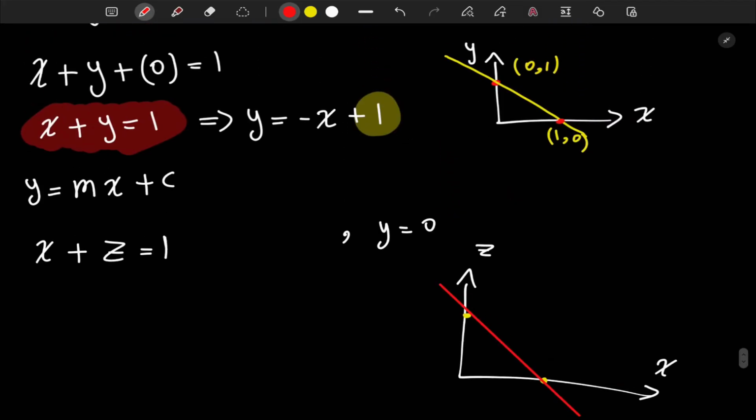So now basically what we know is that this function is a straight line in the three planes that we have, which are the plane xy, the plane xz, and the plane yz.